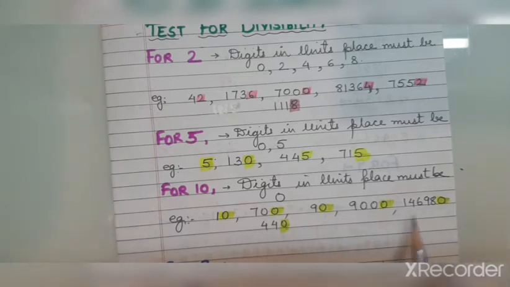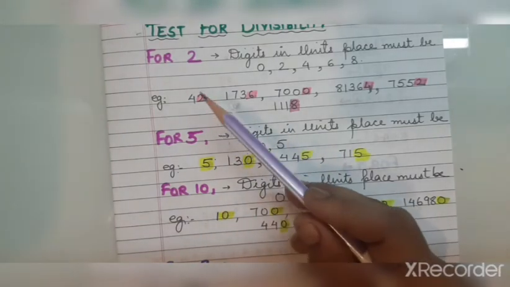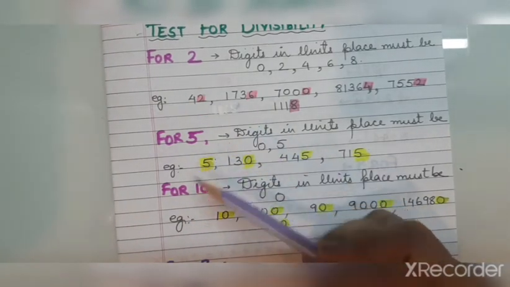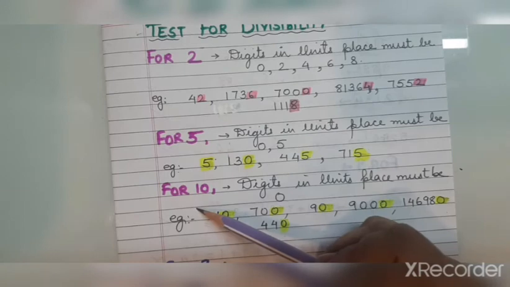So any big number or small number is given, we have to just check the units place of that number, and if that units place has 0, then that number is divisible by 10. In this way we have studied the test for these 3 numbers in our earlier standard.